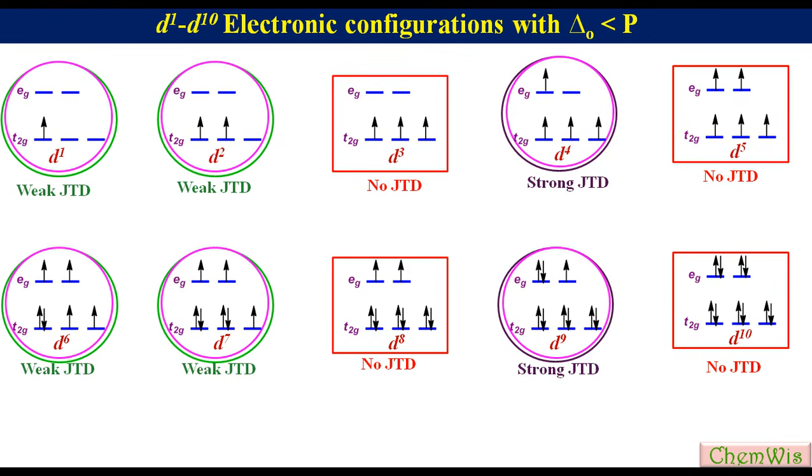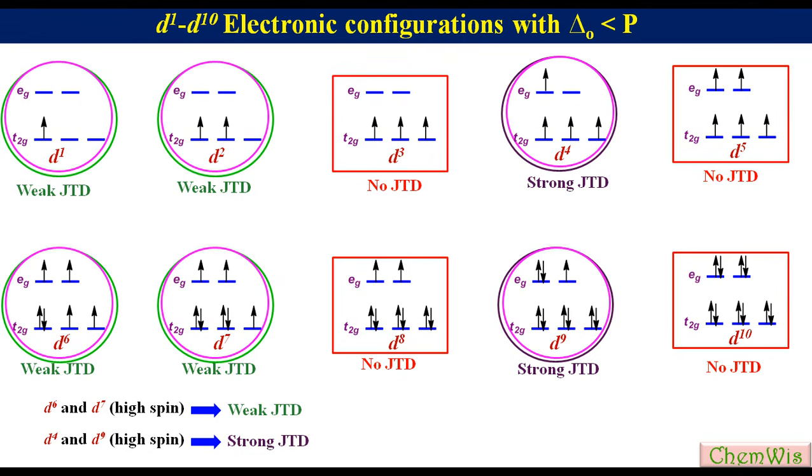Here, delta O is less than pairing energy, which is the high spin condition. So we can say that d6 and d7 high spin octahedral complexes show weak Jahn-Teller distortion, while d4 and d9 high spin complexes show a strong Jahn-Teller distortion.